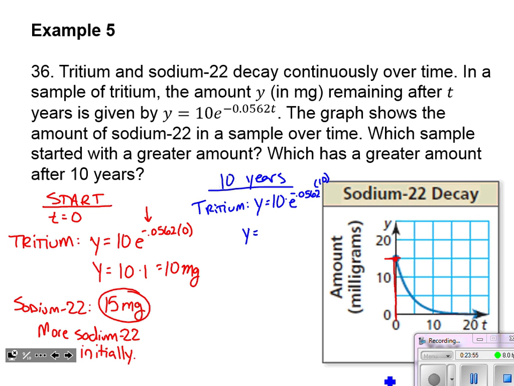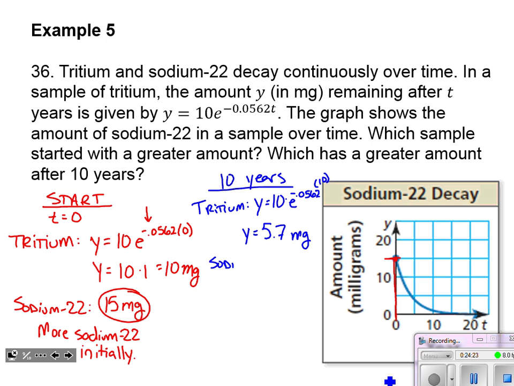All right, so I'm just going to type in 10 times e to the, and to multiply by 10, I'm just going to call that negative 0.562. Right, because multiplying by 10 will just kick that decimal point over, and I get 5.7 milligrams.